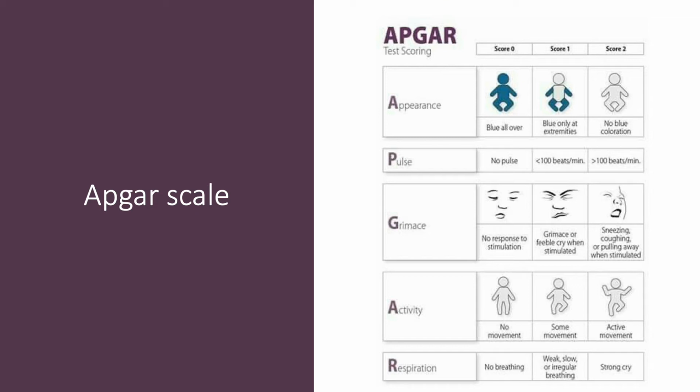Below 5 is an emergency. At that point, they would ask for a neonatal pediatrician to come. 7, 8, 9 is what most babies are. And of course, 10 means it is almost a perfect response.